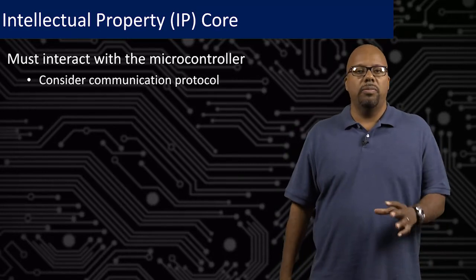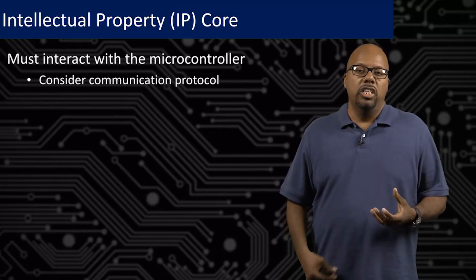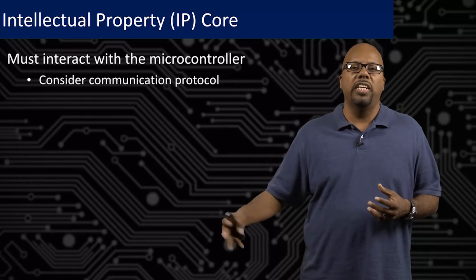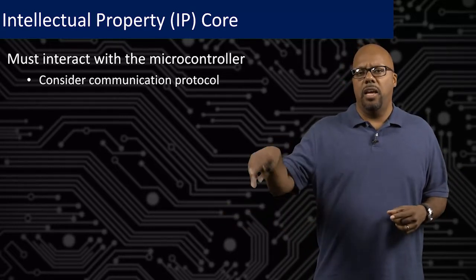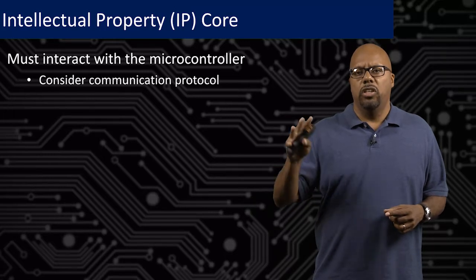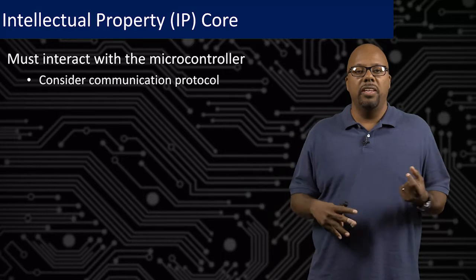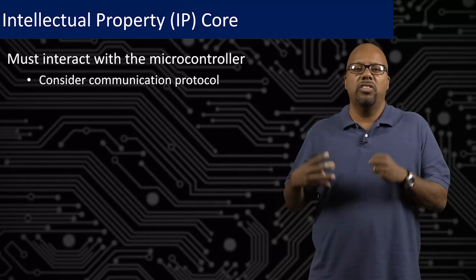And they have to interact with the microcontroller. So remember that the microcontroller is the center of all the action, right? It's connected to the IP cores, and it tells them when to do what they need to do. So if an IP core is for encoding video, the microcontroller will say, encode this data now. And when I say it will say that, I mean through the signals, through the wires, it will send the appropriate sequence of input signals to trigger it.